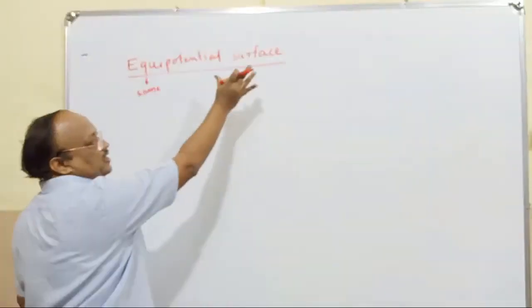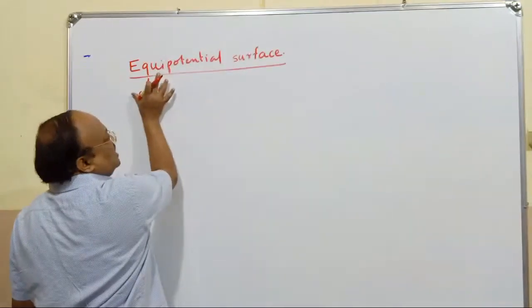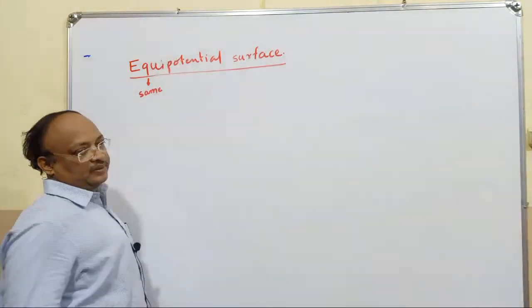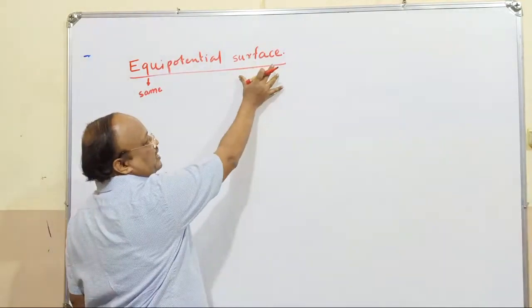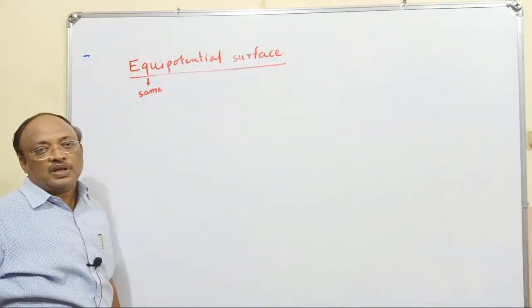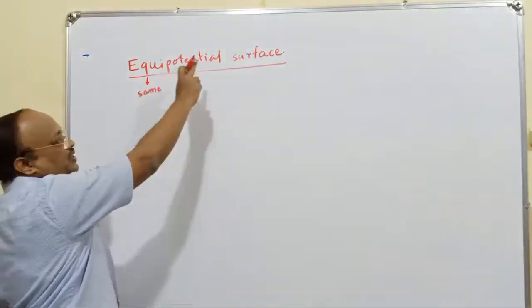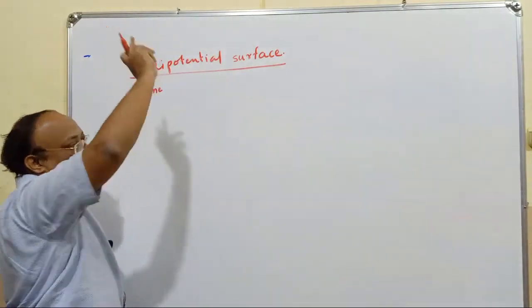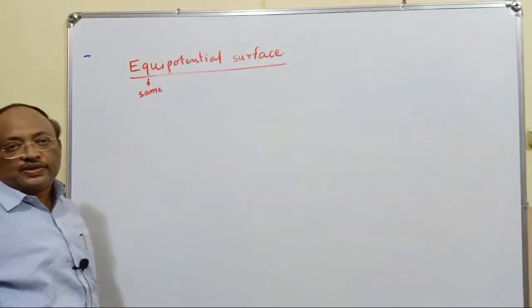The surface which has the same potential, we say it as an equipotential surface.